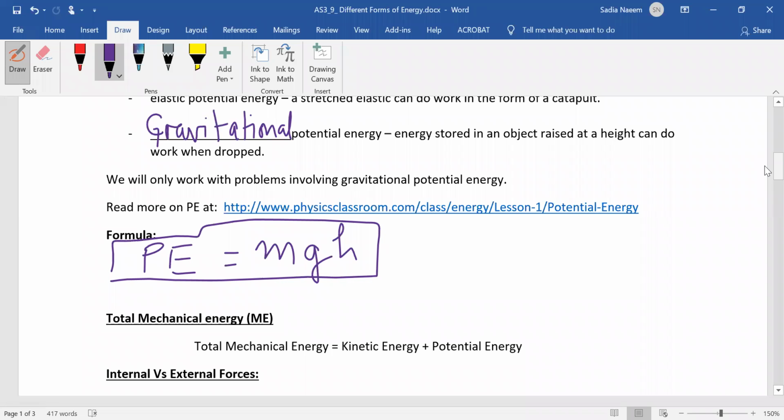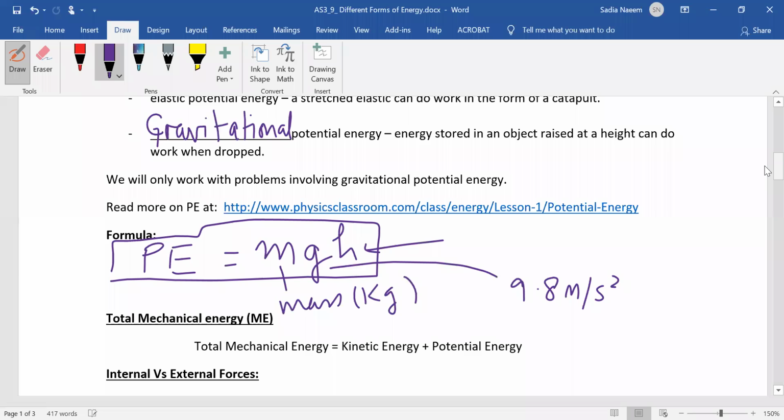So that's the formula for potential energy. m again is the mass in kilograms. g is 9.8 meters per second squared. And h is the height in meters.